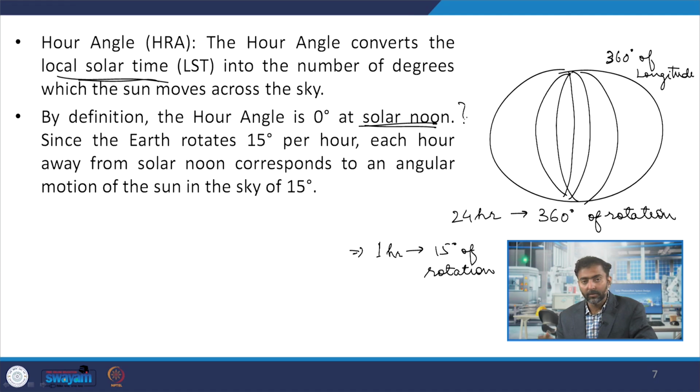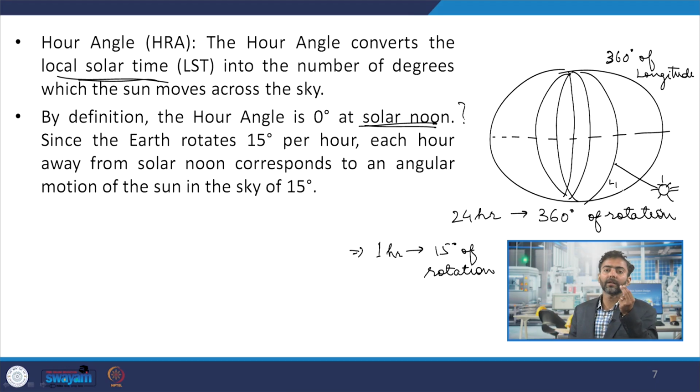Suppose we are talking about around the winter solstice. We know that the sun is directly overhead in the southern hemisphere. So let us say at a particular time of the day the sun is directly overhead this particular longitude, whatever we call it, L1. Because the Earth is rotating, at some point of the day the sun will be overhead on each longitude.